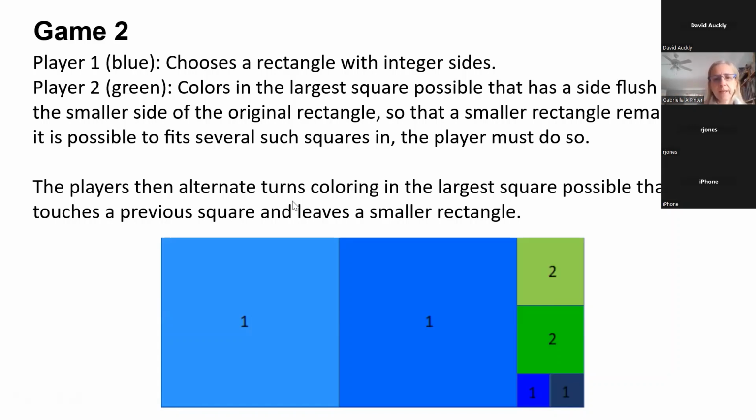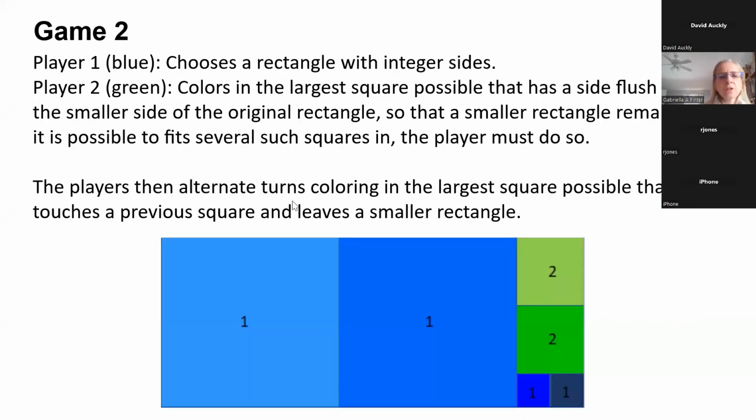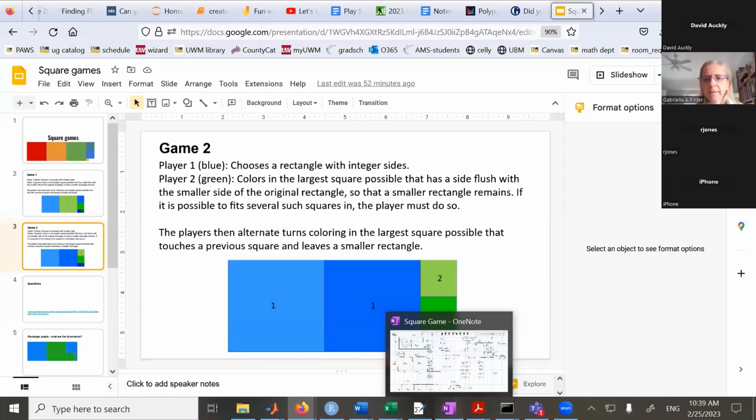So the player who goes first here doesn't just draw in 1 square, but since they can fit 2 of that same size, they draw in both of them. And then the same thing happens with the other player, and the game is a little bit shorter in that way.